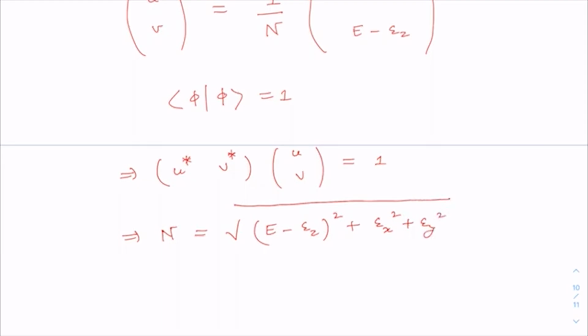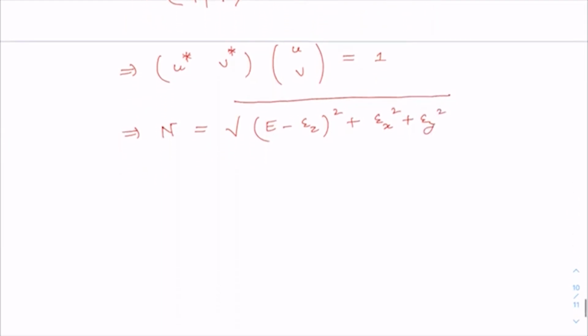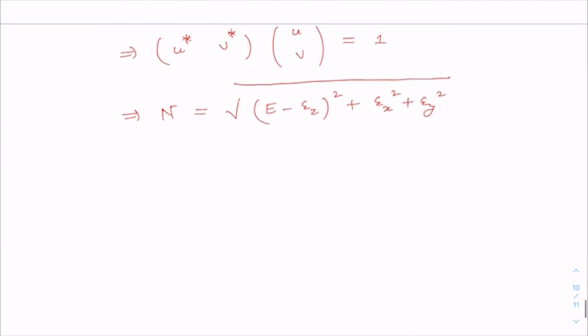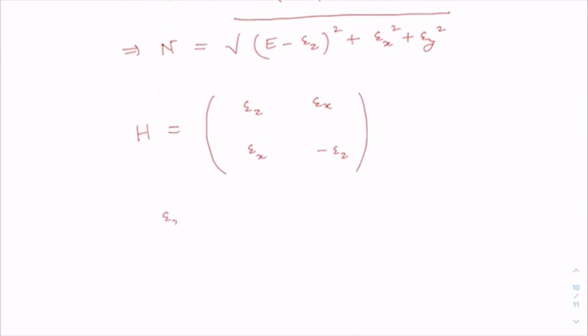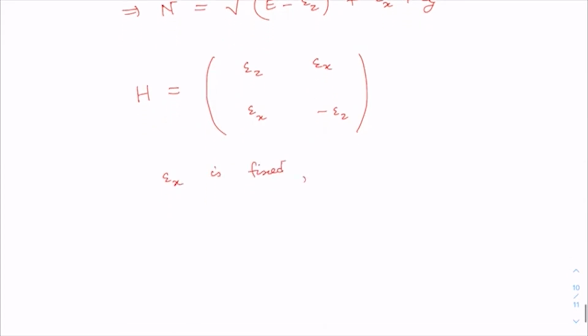Okay, to illustrate, let us again consider the Hamiltonian h equal to (epsilon z, epsilon x; epsilon x, minus epsilon z). Let me consider epsilon x to be fixed, as I considered earlier, and epsilon z is a controllable parameter.